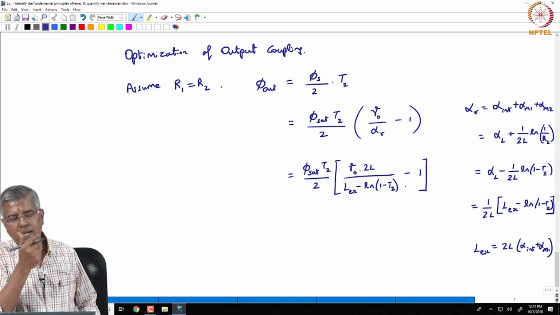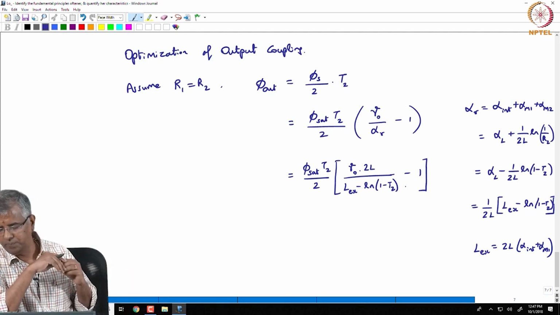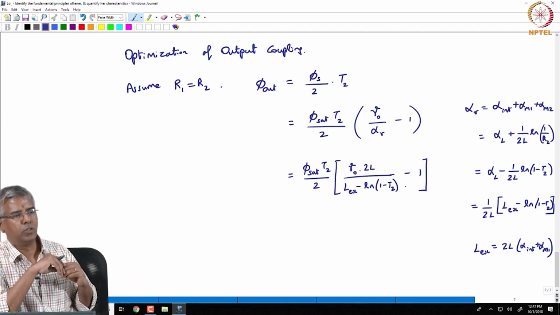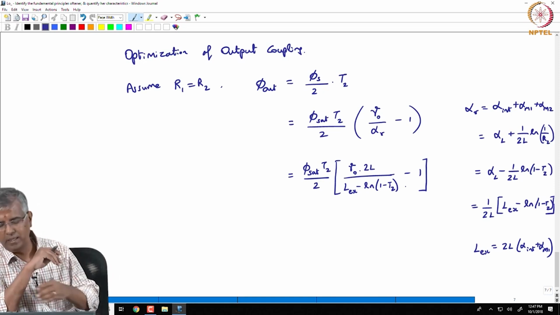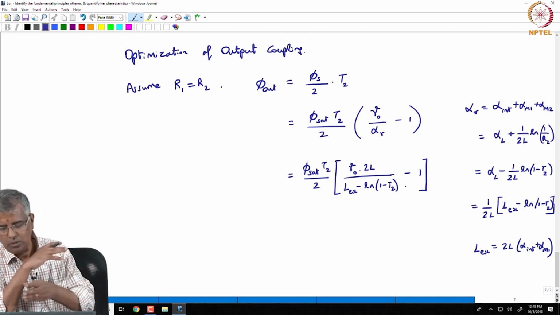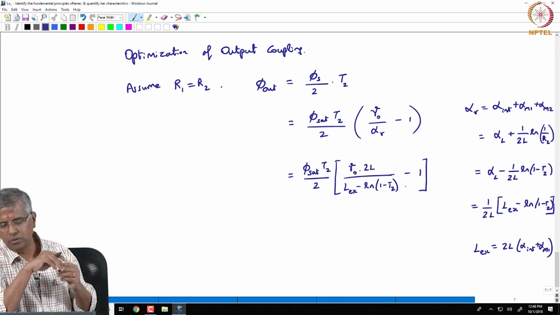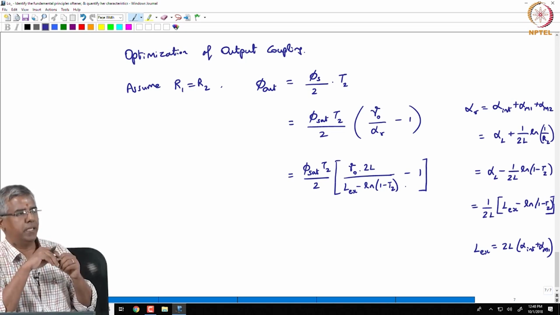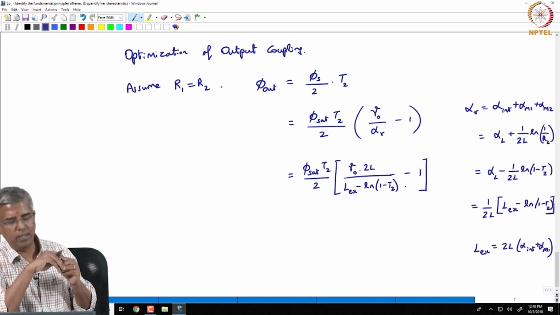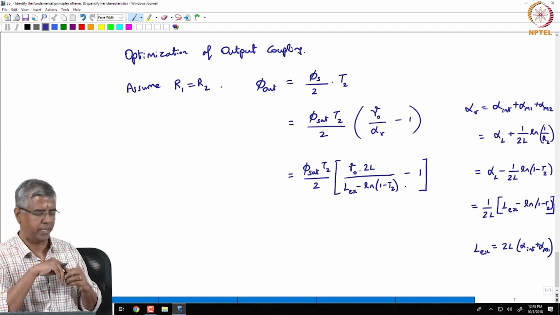If T2 is very small, then that factor essentially is very small with respect to the extra loss factor. So, T2 has very little effect in the denominator. For small values of T2, it is dominated by what is in the numerator. Okay. But for larger values of T2, you start having the denominator come into the picture. So, then it will essentially start playing a role in terms of the power extraction.